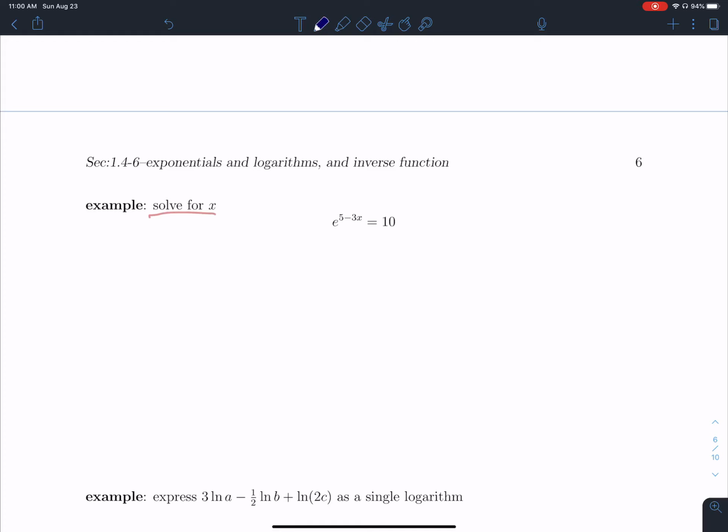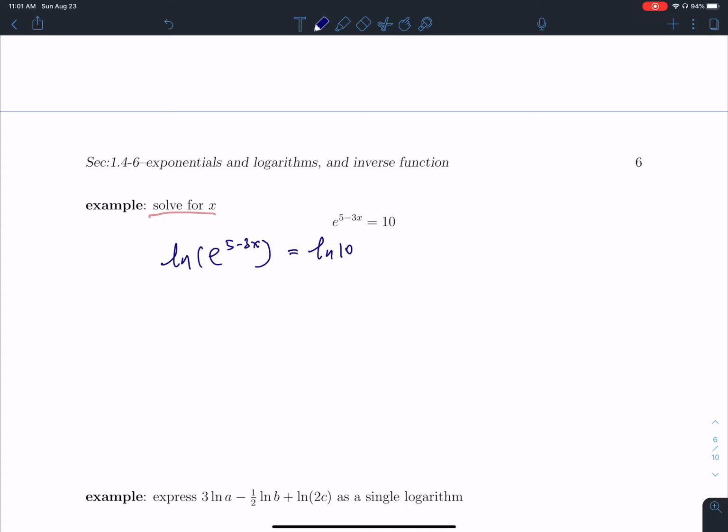So what we want to do is to apply the natural log to both sides, and then we'll see what will happen. So if we do that, we take a natural log on the left-hand side, and we have to do it for the right-hand side also.